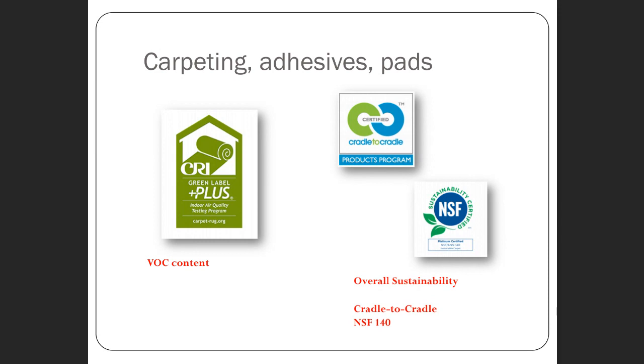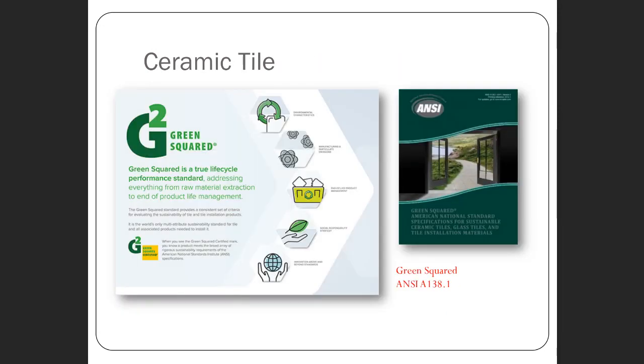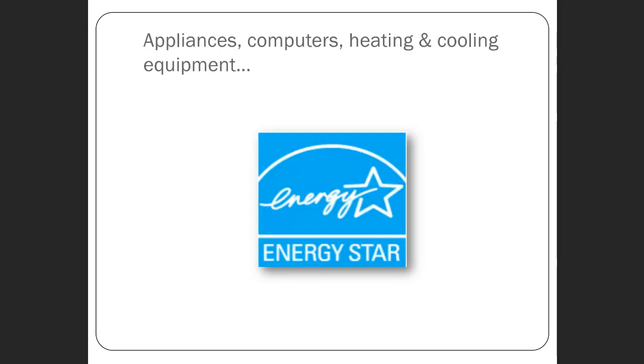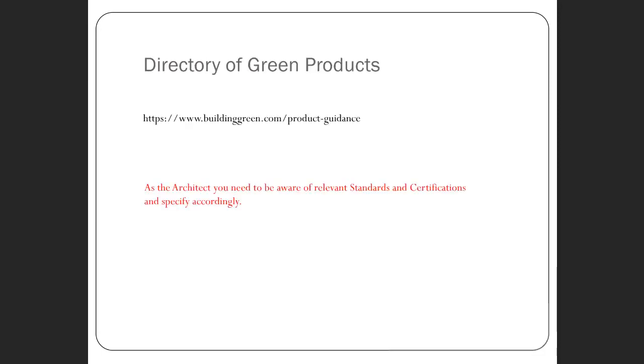We also have some other certifications. These are things that you can call out in your project manual to make sure you're getting environmentally preferable products. Ceramic tile, appliances, et cetera, right?